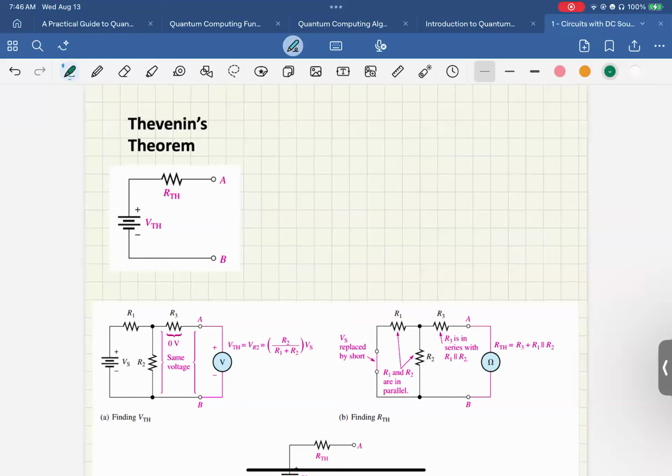So ang sinasabi ng Thevenin's theorem is that lahat ng circuit ay merong Thevenin equivalent. Okay? At yung Thevenin equivalent circuit can be constructed in this way. Okay? Meron kang Thevenin voltage at meron kang Thevenin resistance. Okay? Lahat ng electrical circuits.